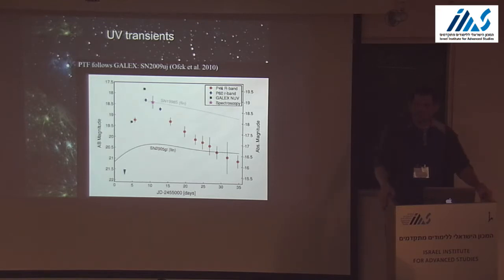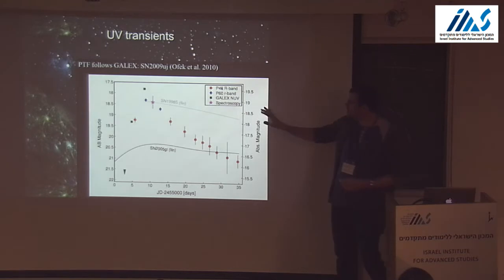This is immediately telling you that this is probably not a regular supernova where you have a hot ball of gas expanding and cooling. Indeed, this was a type IIn supernova, so there's some interaction with material around the supernova. This allows you to explain how the UV continues to rise.